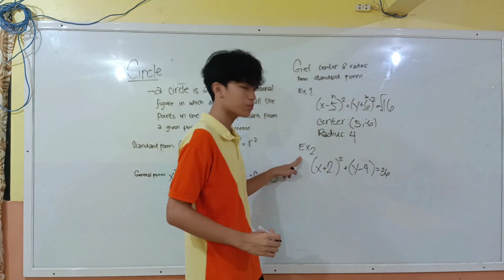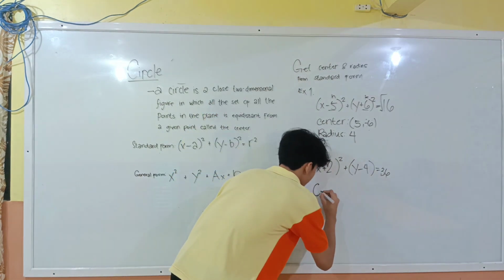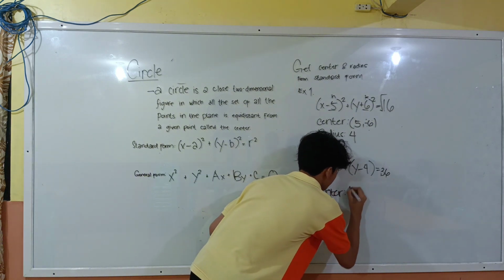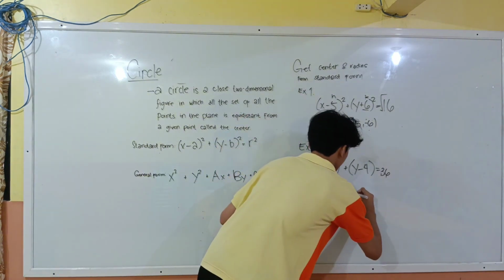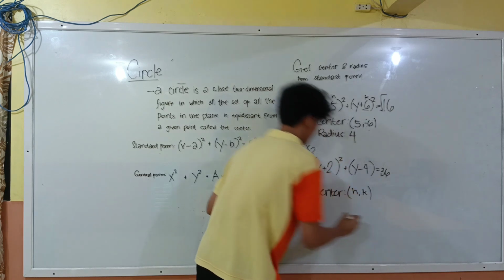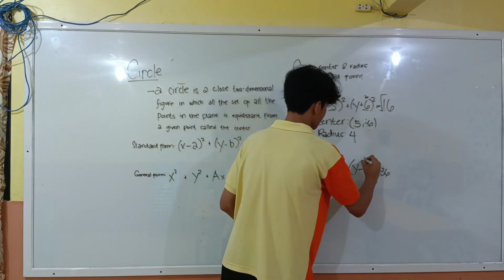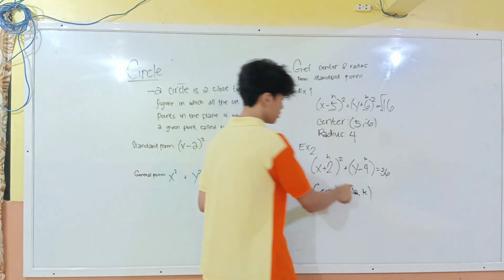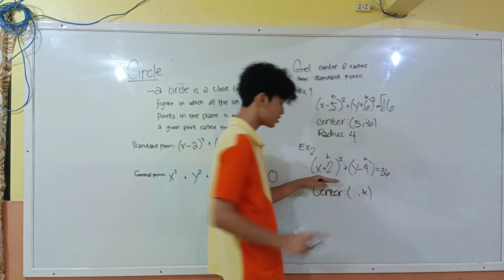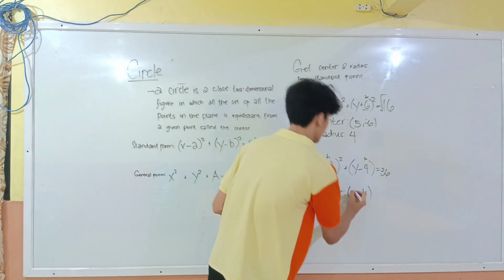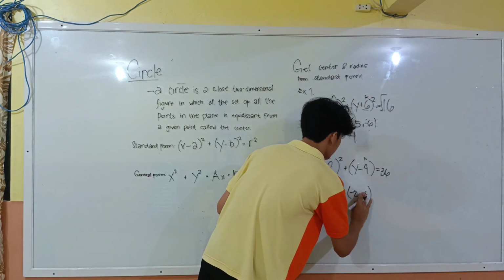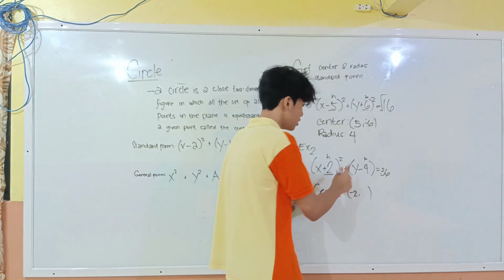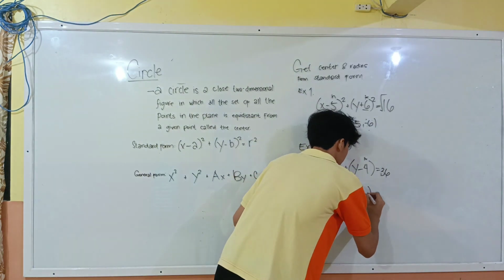Then we have example number 2. We're going to get the center as well as the radius. Again, the center is (h, k). This is h and this is k. All we need to do is change the sign of h. From positive 2 we get negative 2. And for k we also change the sign, so from negative 4 we get positive 4.